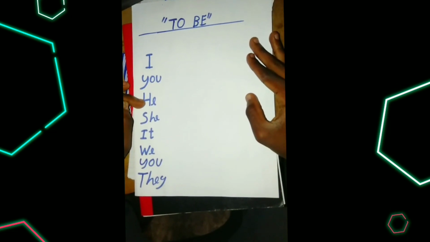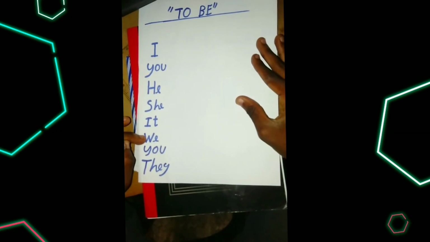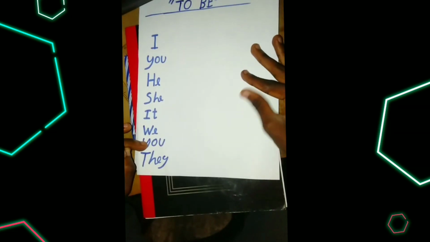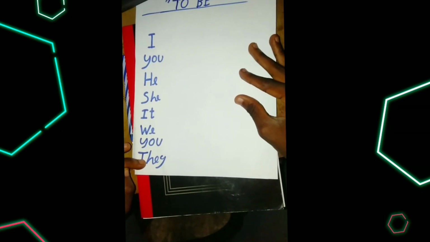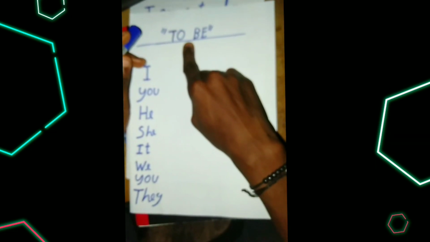I, you, he, she, it, we, you, and they. And let's start to conjugate the verb to be.